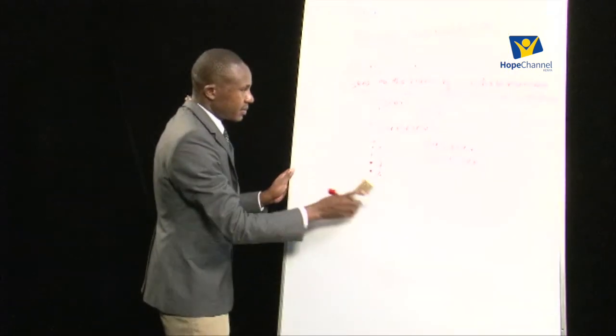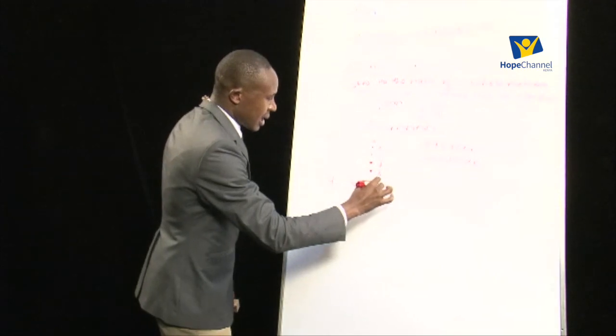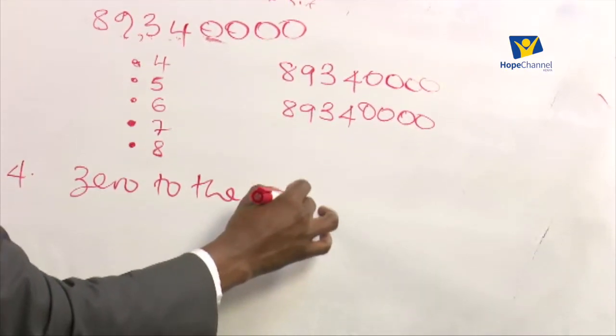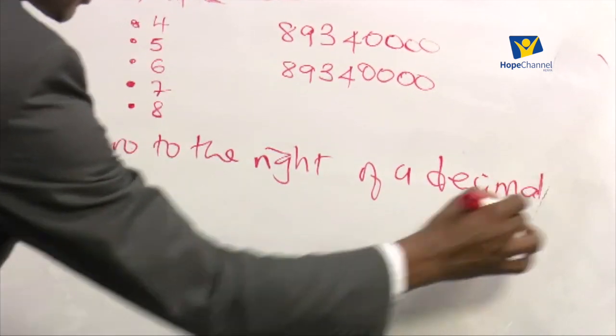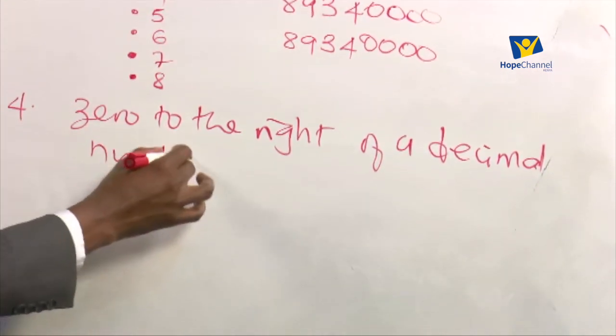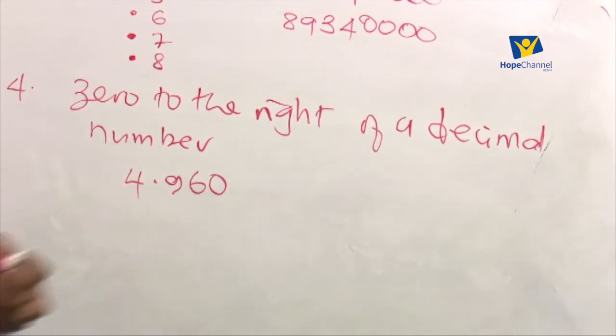Finally, number 4: a 0 to the right of a decimal number, not a whole number this time round, a decimal number, for example 4.960.